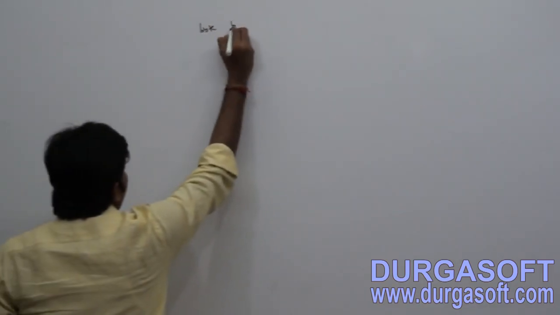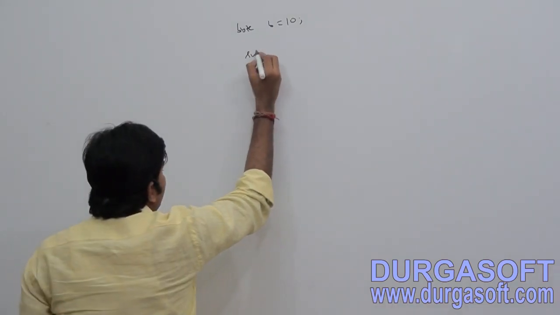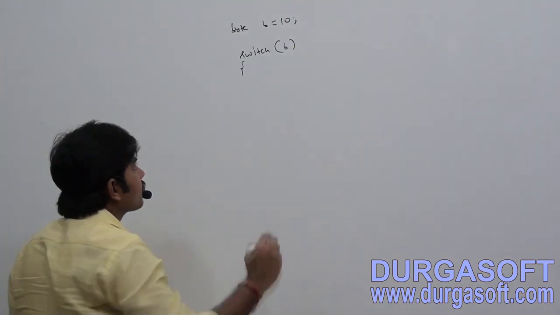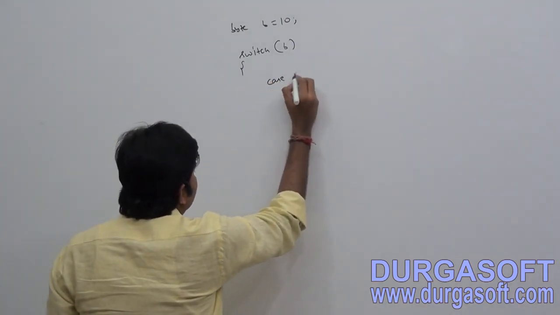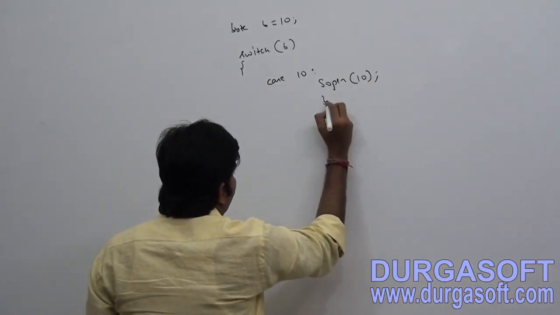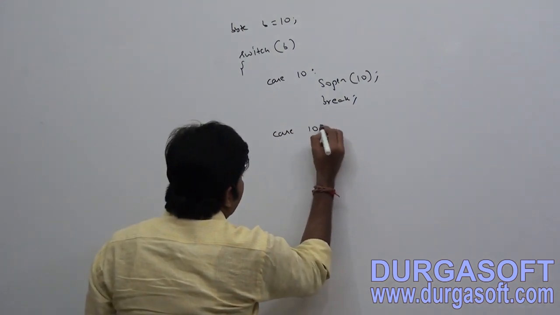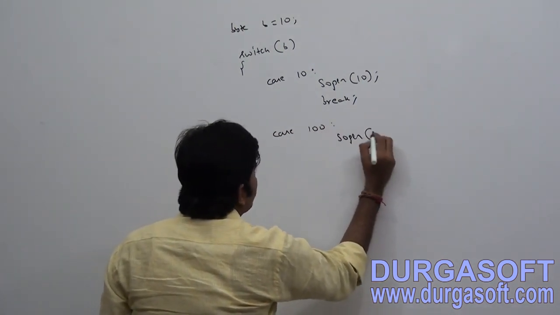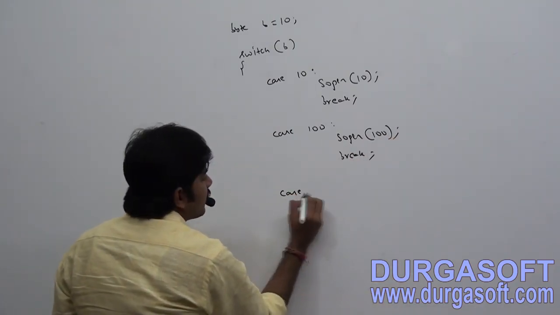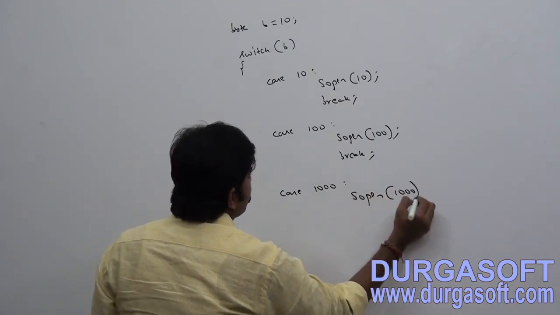Here see, byte b = 10, switch of b. Case 10, System.out.println of 10, break. Case 100, System.out.println of 100, break. Case 1000, System.out.println of 1000.